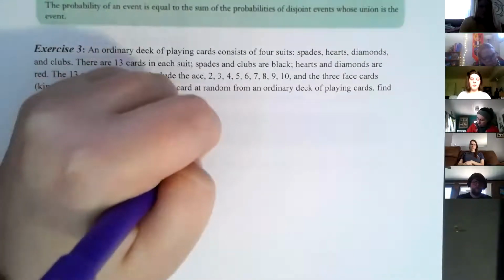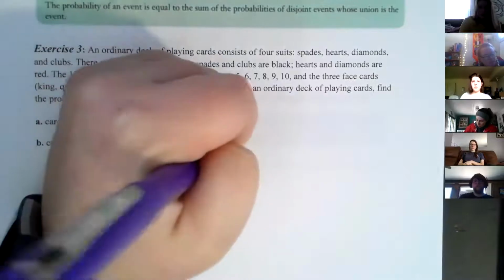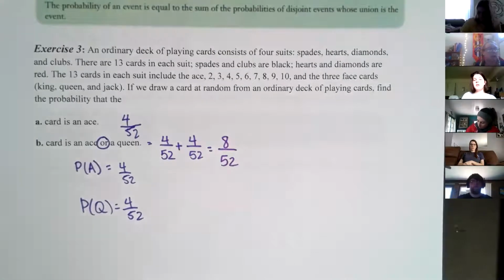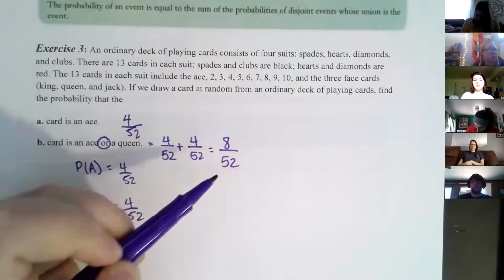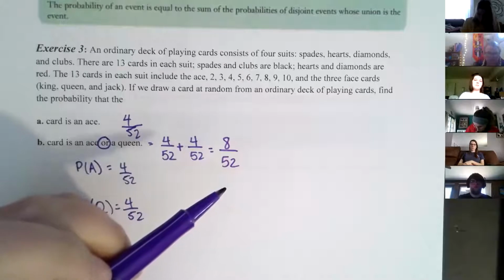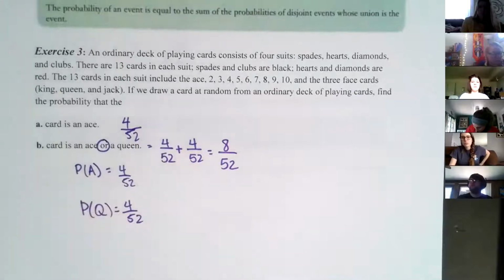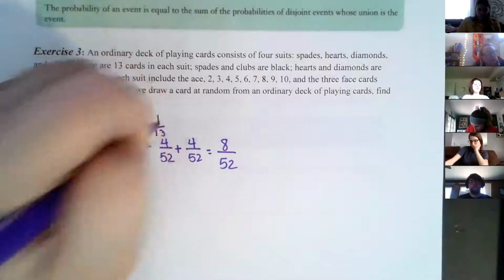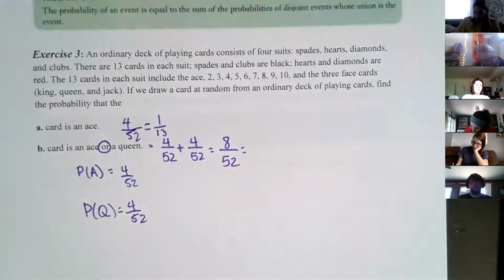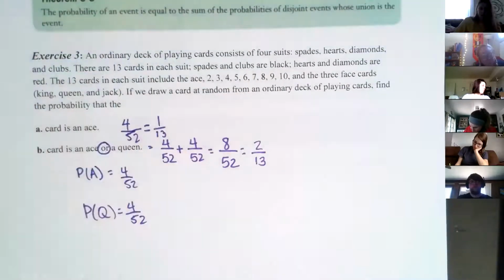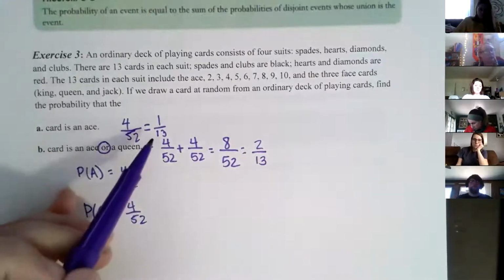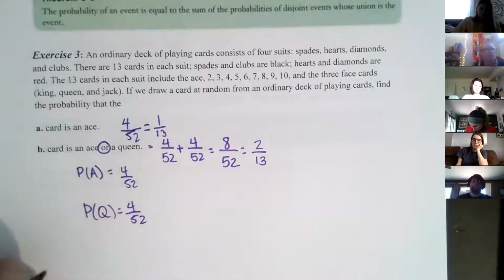When you're doing probability, do you simplify the fraction or just leave it? So this, you could read it as 8 over 52. Usually you would like to see it as 8 out of 52 because it gives you context of what it actually means. But the book does simplify these to be 1 out of 13 and 2 out of 13. So when y'all are doing the homework problems and looking up answers in the back of the book, they do write them in most reduced form.